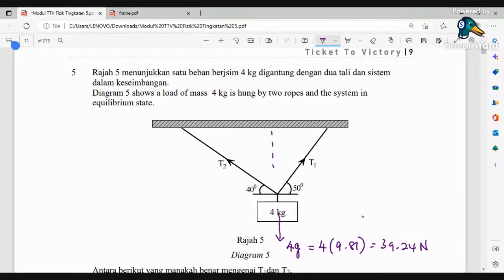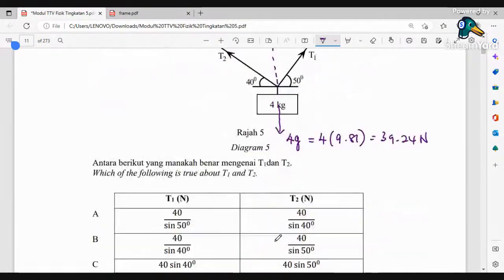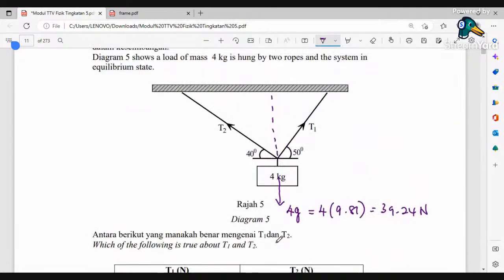You want to find T1 and T2. It looks like the answers are giving you the clue that you must use the technique of resolution: the component which is vertical, and the component which is horizontal.